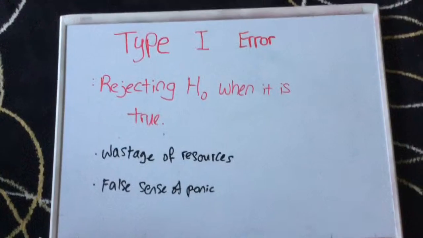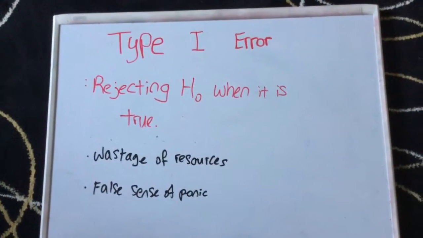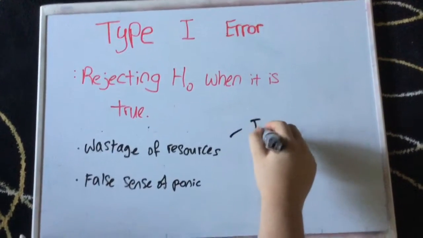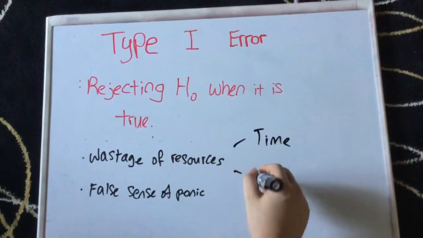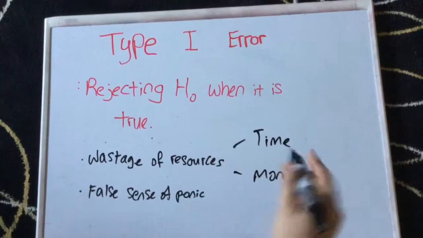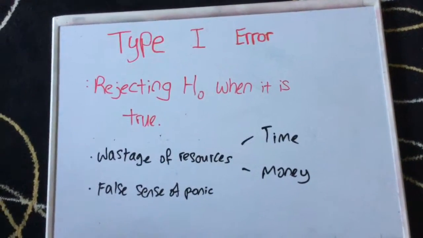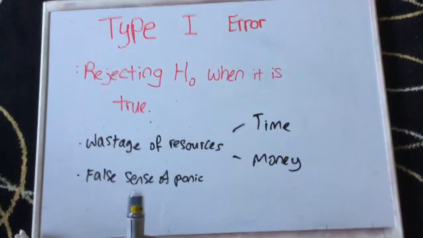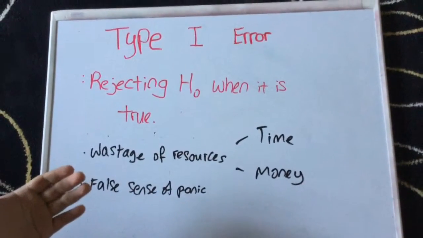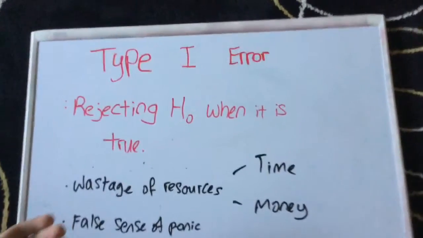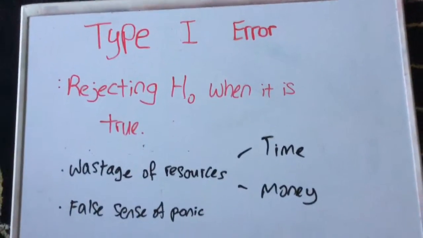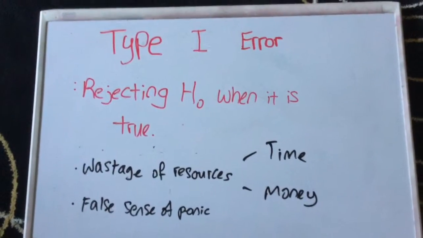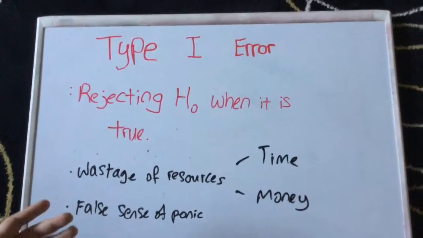What are the possible repercussions of a type 1 error? First of all, there may be wastage of resources such as time and money. From both stakeholders' perspectives, from the patient's perspective, they may be wasting time because they are going for treatments or checkups to find out if their level of cholesterol is high or above the threshold when it is in fact okay.